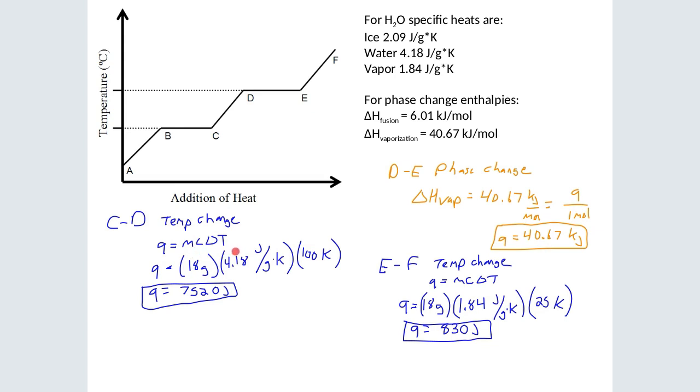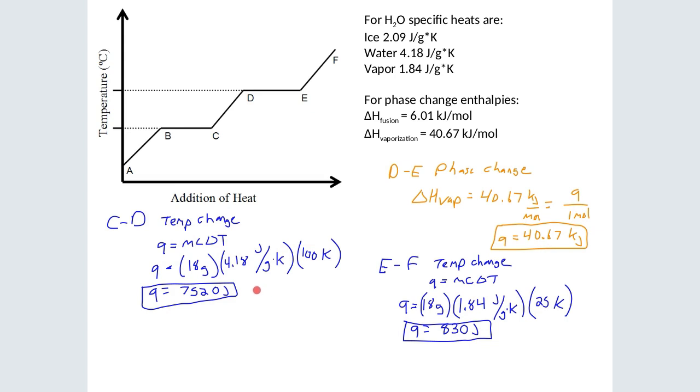I'm dealing with water, so I need to use this particular specific heat, 4.18 joules per gram Kelvin. And to go from 0 degrees C up to 100 degrees C, that's a change of 100 degrees. Again, a degree C and a Kelvin are the same. And so we're going to get something like 7,520 joules of heat put into the system, so it's positive.